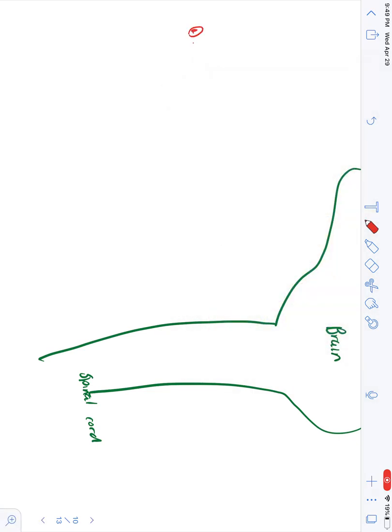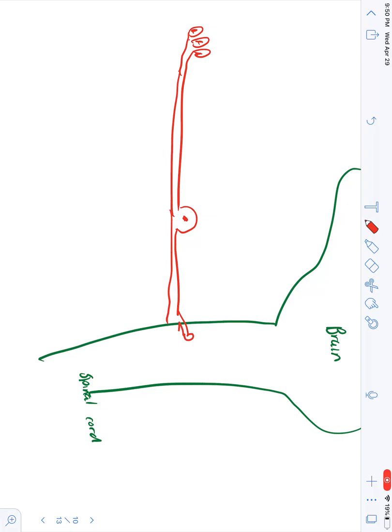In my last lesson, I told you that we have what are called sensory receptors that are part of a neuron called the sensory neuron, and I'm going to draw that sensory neuron a little bit bigger. So here is the sensory neuron, and it looks like this, okay? And you've got to know the parts.